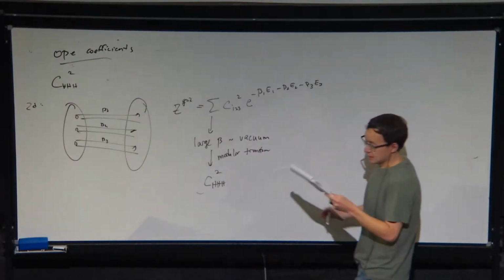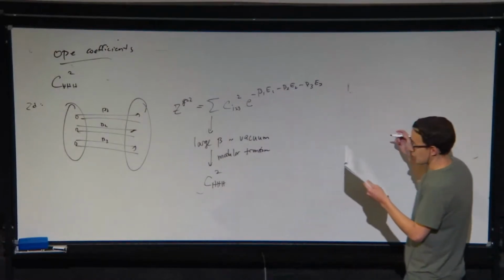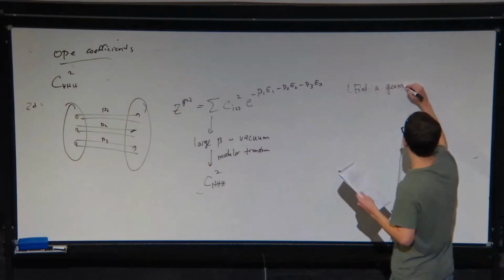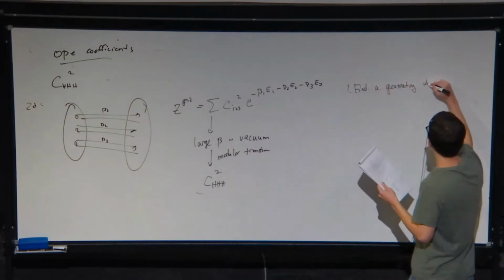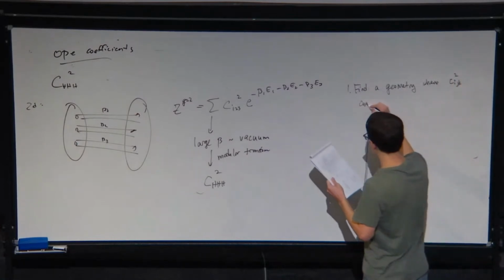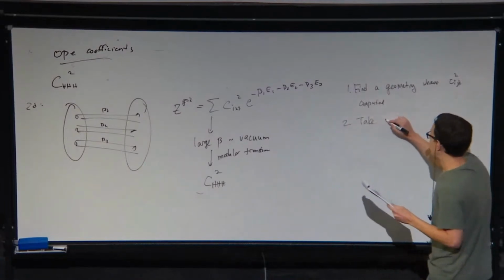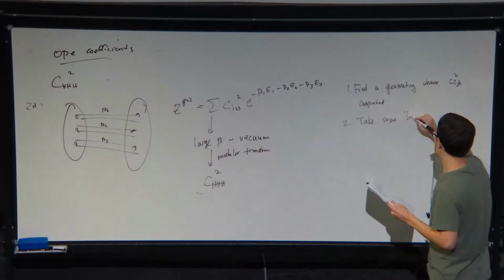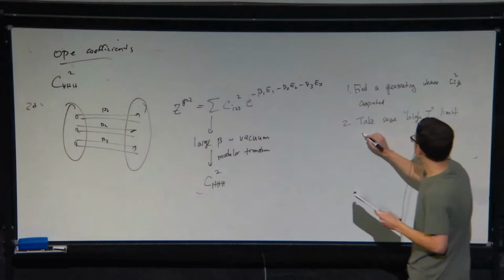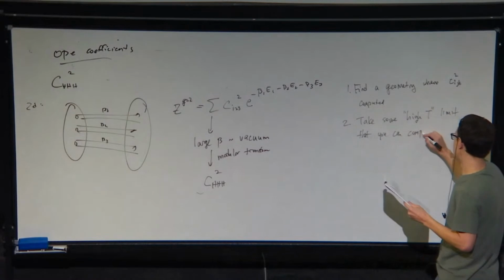We'd like to generalize this to higher dimensions. Roughly, the 3 steps you can imagine are: the first step is you find a geometry where C_ijk squareds are computed. Then you take some kind of high temperature limit, in quotes, so that you can compute the partition function.